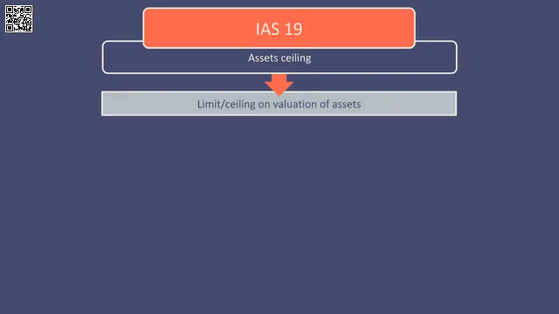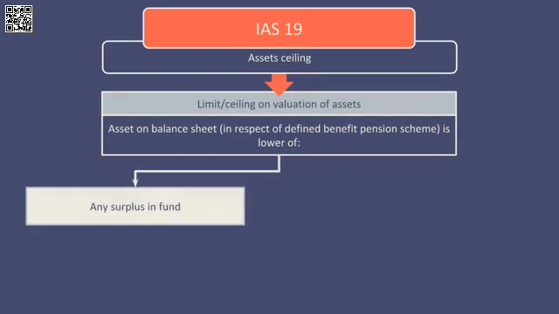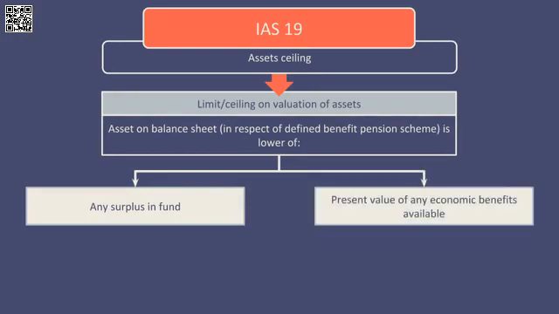The ceiling means any asset on the balance sheet recognised in respect of the defined benefit pension scheme is the lower of either any surplus in the fund or the asset ceiling, which is the present value of any economic benefits available in the form of refunds from the plan or reductions in future contributions to the plan.